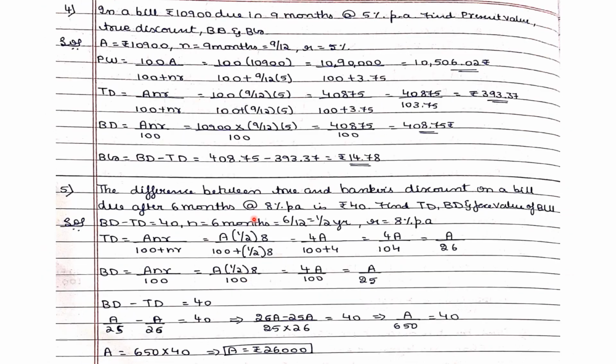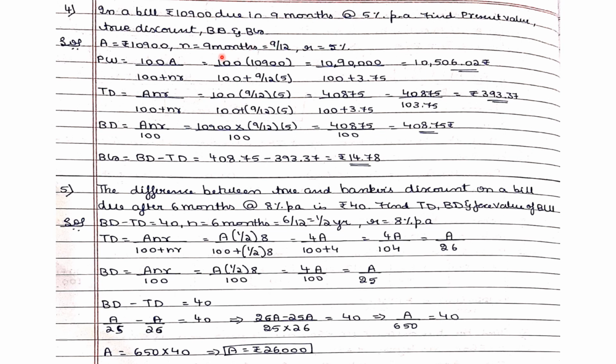The next problem: in a bill of rupees 10,900 due in 9 months, this 10,900 is the amount value. The number of years is 9 by 12. You should find out the present worth or present value, true discount, banker's discount and banker's gain. So everything you have to find out here.